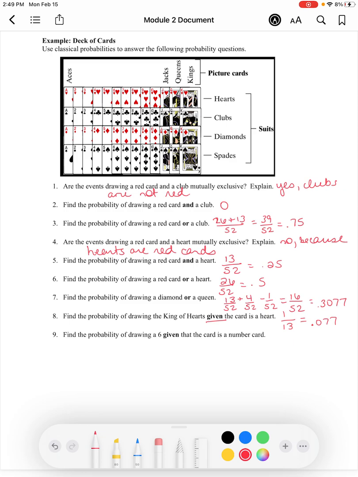Find the probability of drawing a 6 given that the card is a number card. Well, remember, I told you that aces are faces. So there are 4 face cards per suit.